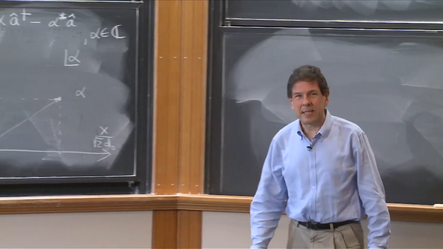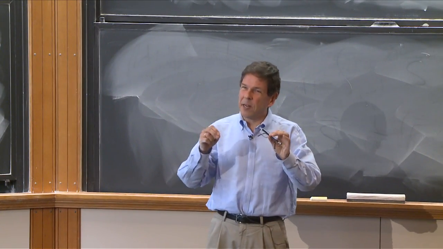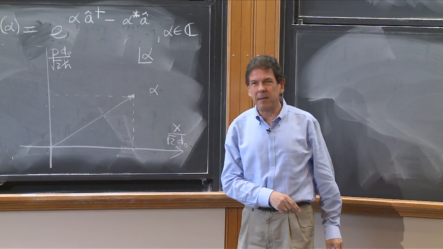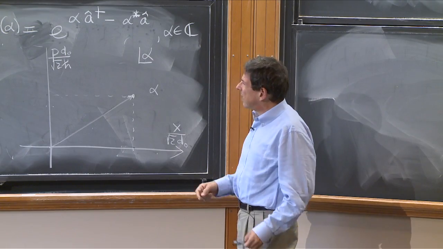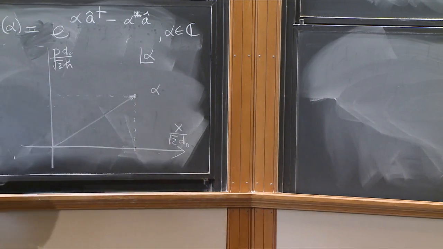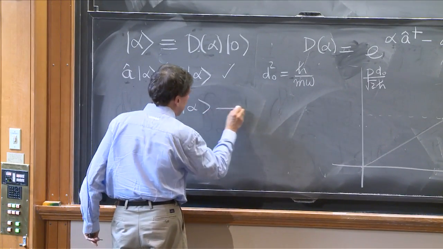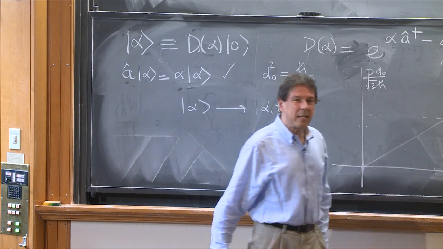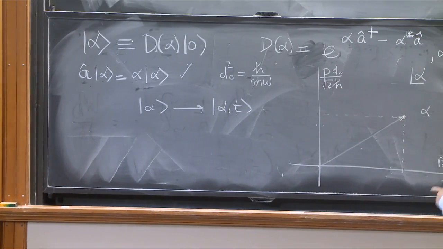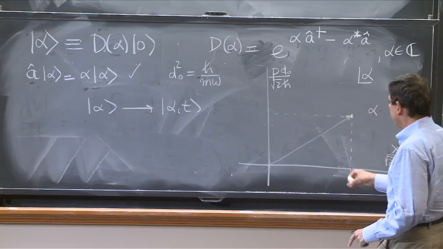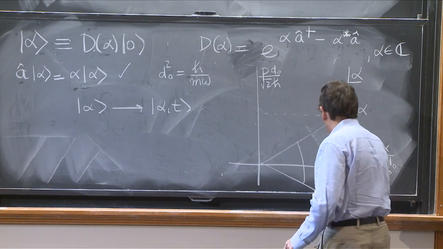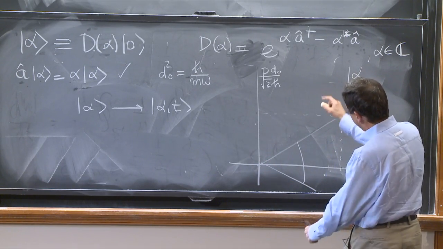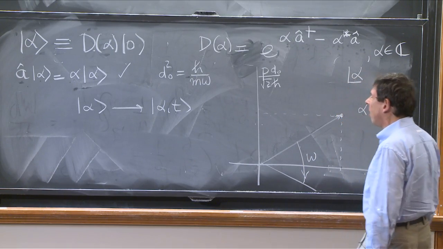So that's a coherent state, and then the thing we finished the lecture with was the time evolution of this coherent state. And the time evolution was that as the state alpha in time becomes the state alpha at time t, it remains a coherent state, but the value of alpha is changed. In fact, the value of alpha is changed in such a way that you can just imagine this thing rotating, and rotating with angular velocity omega.